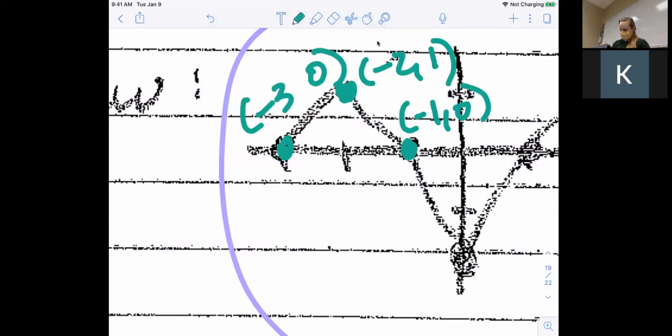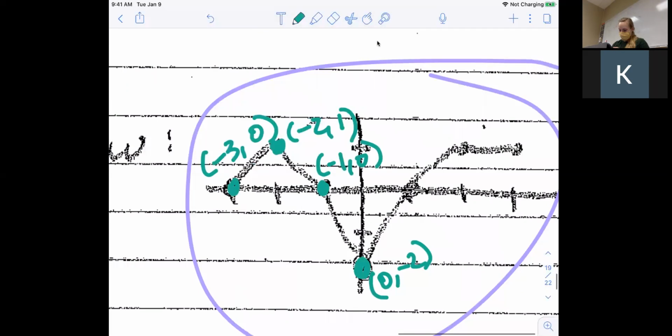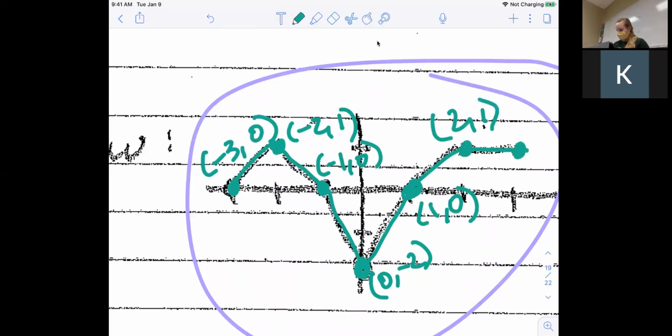And then it looks like this is 0, -2. And then 1, 0. And then 2, 1. And then 3, 1.